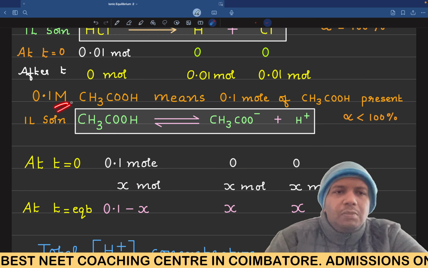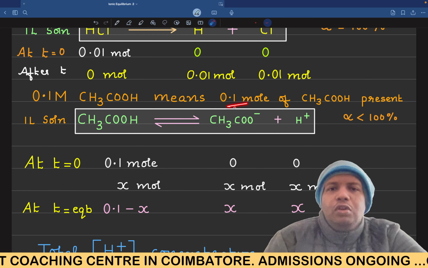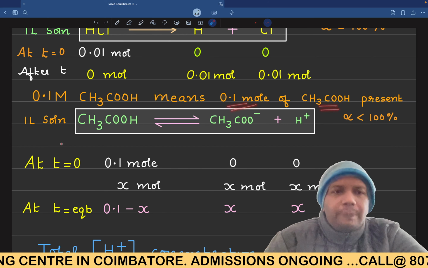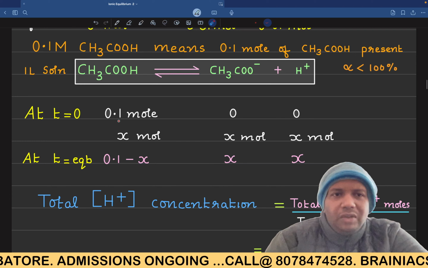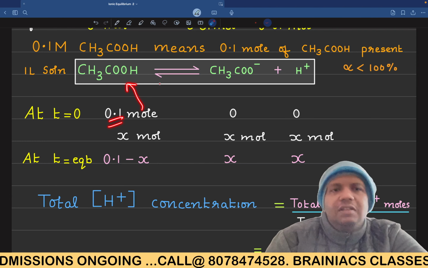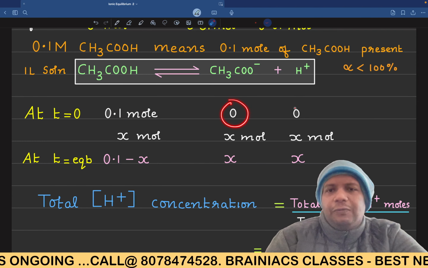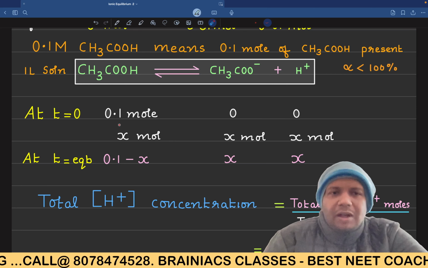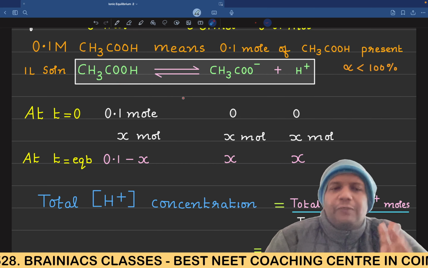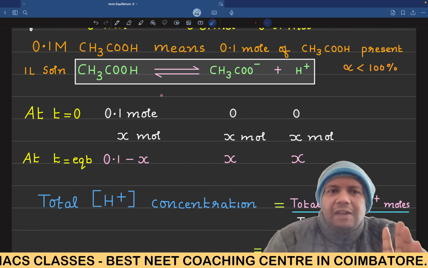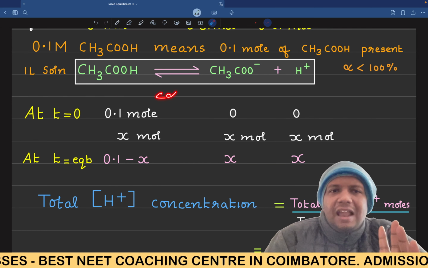Here, 0.1 molar solution means 0.1 mole of CH3COOH is present in 1 liter solution. So at time t equal to 0, 0.1 mole of CH3COOH is present, but nothing of this is formed. As time progresses, alpha will dissociate, or we can say C alpha would dissociate.